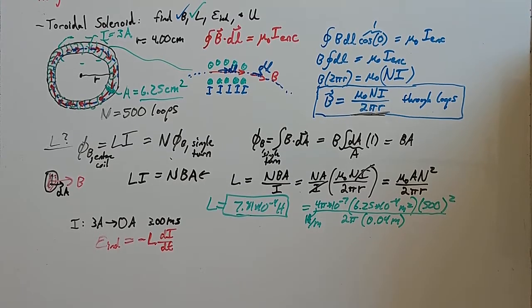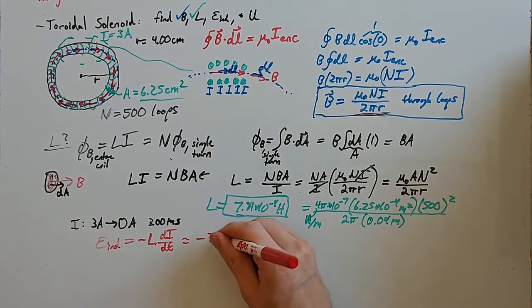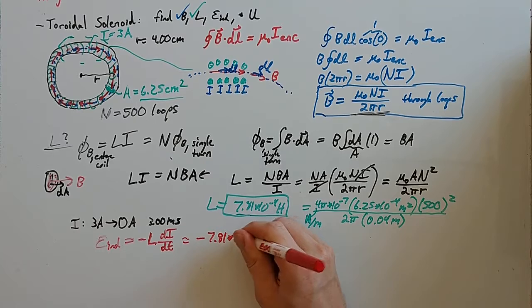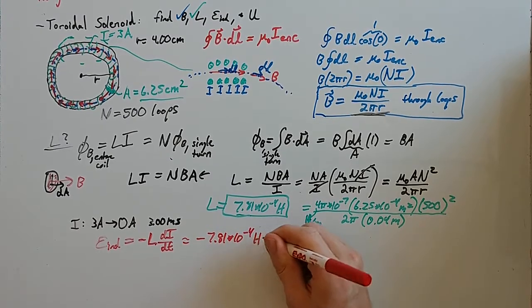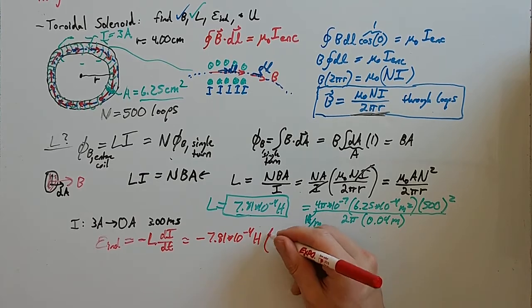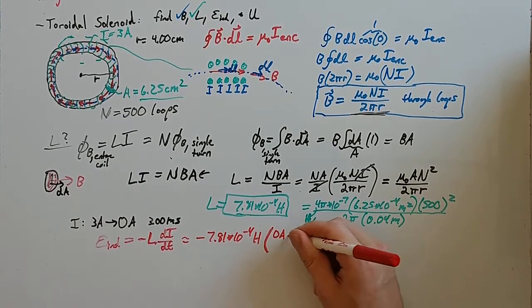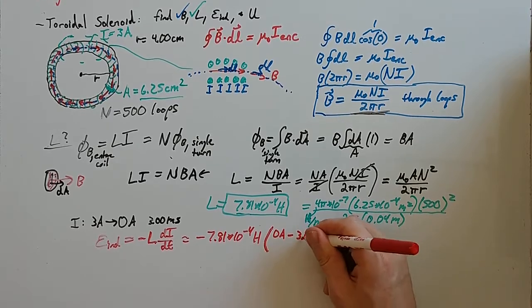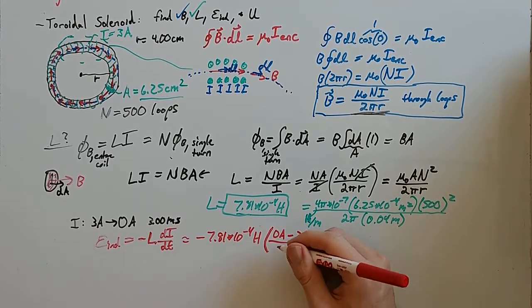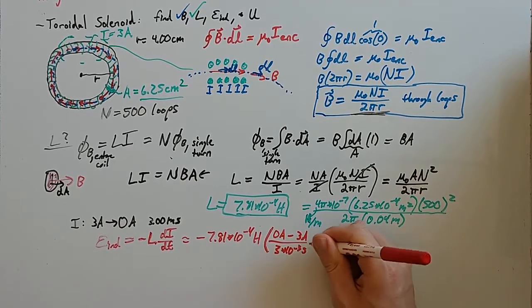And we just figured out what L is for this toroidal solenoid, so we can plug that in: minus 7.81 times 10 to the minus 4 henries. That's L. And what's our change in current here? Our final current is 0 amps, our initial current is 3 amps, and it took 3 milliseconds, so that's 3 times 10 to the minus 3 seconds.